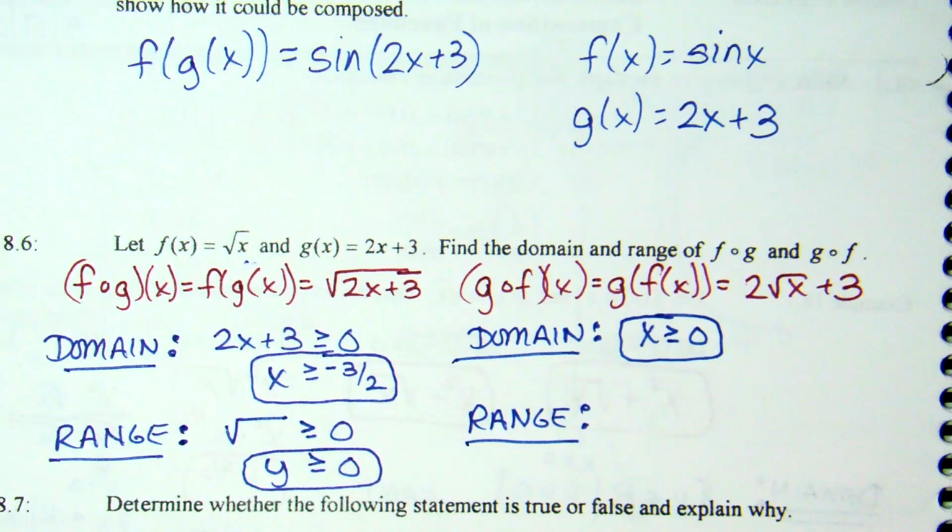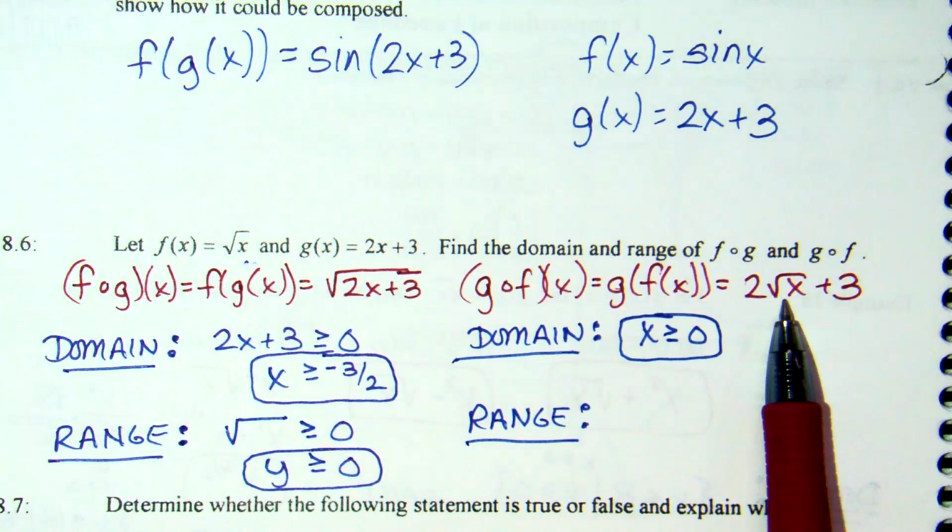That radical has to be positive. So even if that radical is 0, it has to be greater than or equal to 0, yes. And then you add 3, then it's going to have to be 3 or bigger. So it's a radical plus 3. That radical is 0 or larger. So when you add 3, I agree. Y greater than or equal to 3.